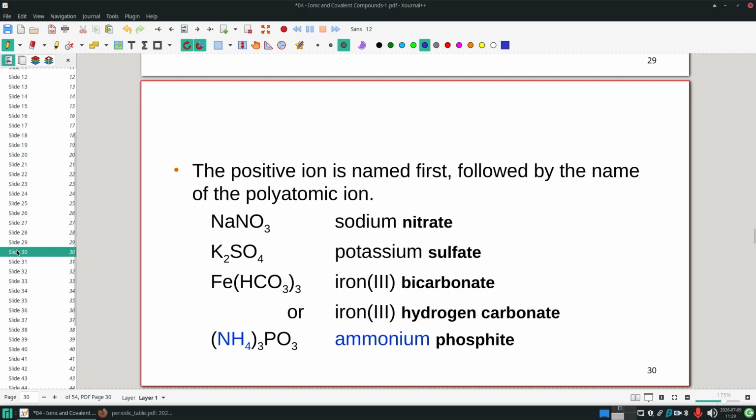Alright, so when we apply this, it is very simple. We're going to figure out what that thing is, and we're going to name it with the same rule. So NaNO3, sodium nitrate. Potassium with the SO4, that's that sulfate. HCO3 is typically called bicarbonate, but you also see it called hydrogen carbonate. The bicarbonate is just telling you it's HCO3.